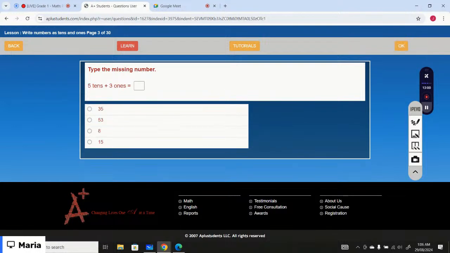Okay, the next one is type the missing number, 5 tens and 3 ones.